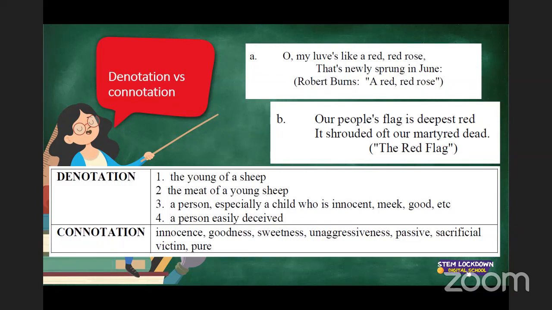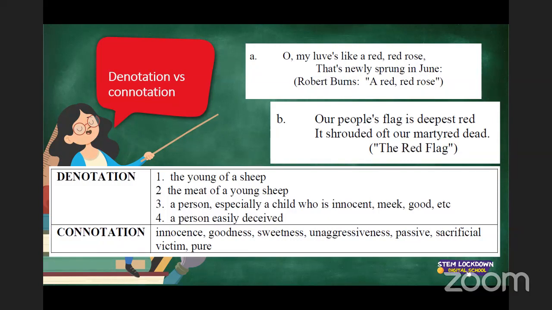Writers will use words rich in connotations, as you will see in your reading. But not all connotations may be relevant in a particular context. If you look at your screen, we've got red in each of the following.